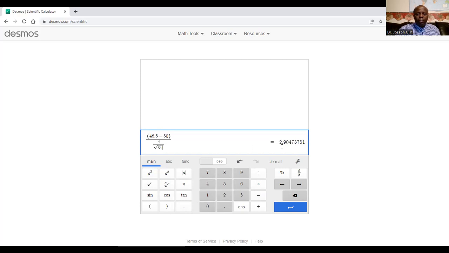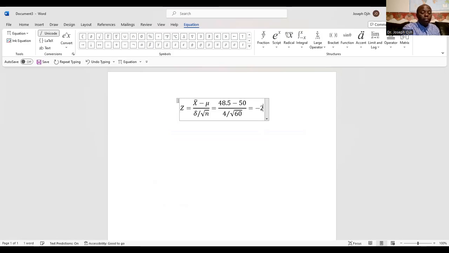So we get negative 2.90 as a result. Let me write it down. Negative 2.90. Okay, good. So we'll put it in our answer.